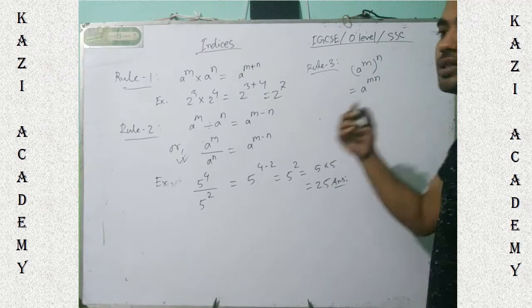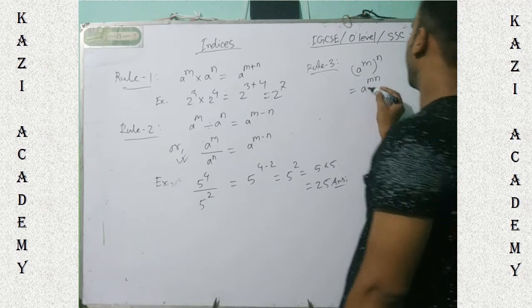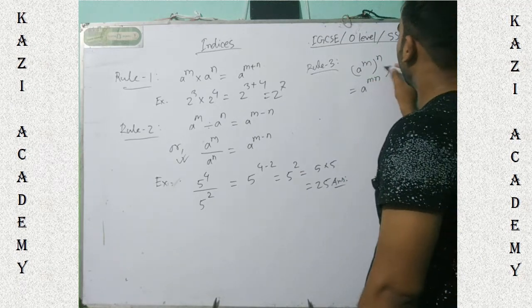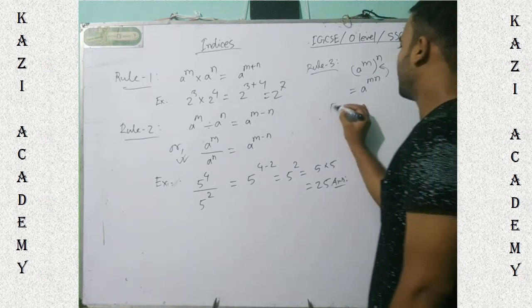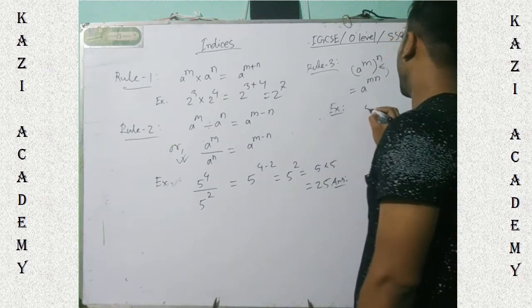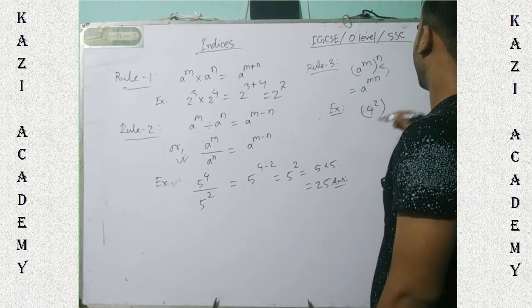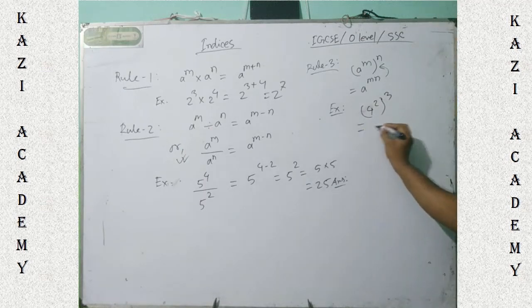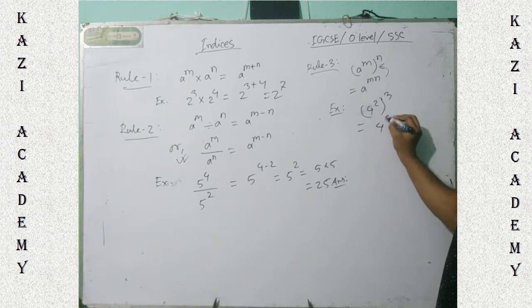So power always multiplication, or power গুণ হয়, which is called a to the power mn. For example, if I write 4 square again to the power 3, then it will be 4 to the power 2 and 3 multiplied, 2 times 3, so 6, 4 to the power 6.